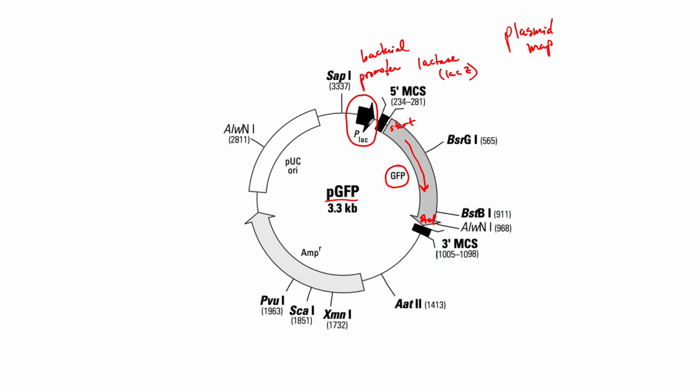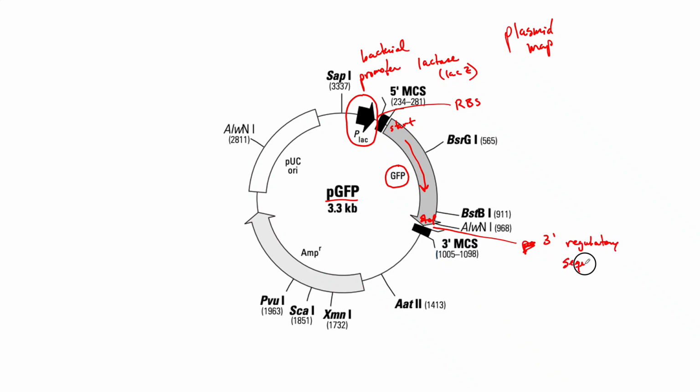The other things that aren't shown here, but that are in the plasmid, but the map's not showing it, are the ribosomal binding site, and down here at the 3' end, it's not shown here, but we would find what we call the 3' regulatory sequences.